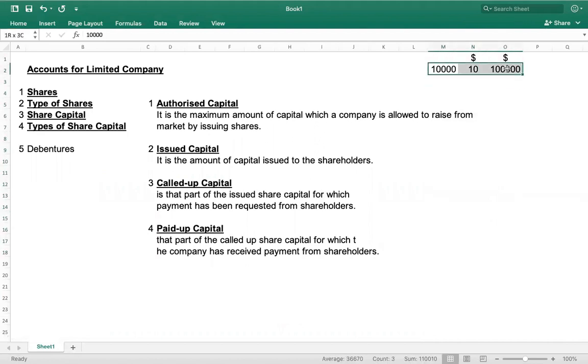Now out of this, in the first year, I offered 4,000 shares to the public. Each of $10. So how much will it be? 4,000 multiplied by 10. So 40,000. This is called issued capital. Understood? I offered these many shares to the public.